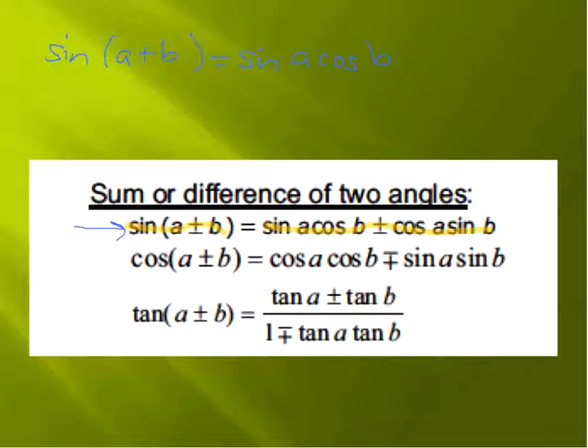So that would be sine A cosine B plus cosine A sine B. If my problem has a minus in it, then we're going to use the minus portion, meaning this bottom portion. So if it said sine A minus B, then when I come back here and I'm reading my formula, I have to come to the bottom: sine A cosine B minus cosine A sine B.